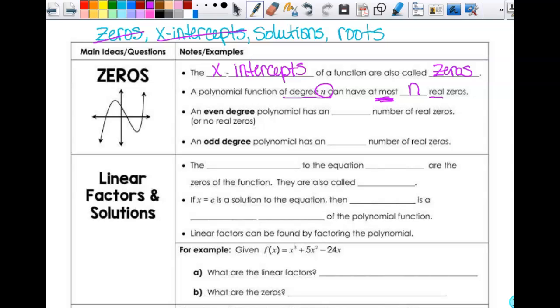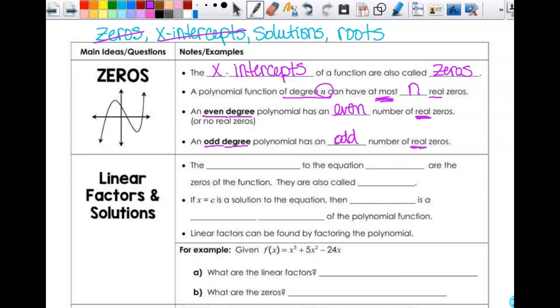We've talked about even and odd degree polynomials. An even degree polynomial has an even number of real zeros or no real zeros. An odd degree polynomial has an odd number of real zeros. But notice that one doesn't say or no real zeros.